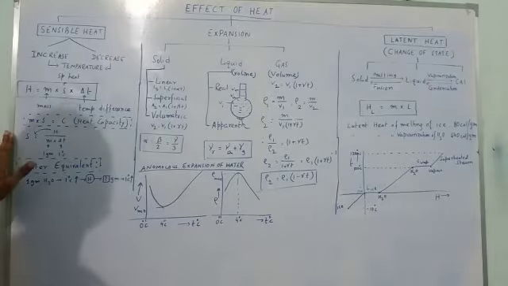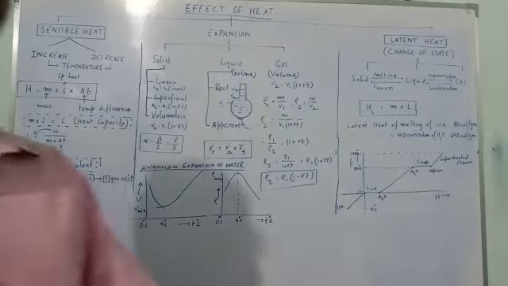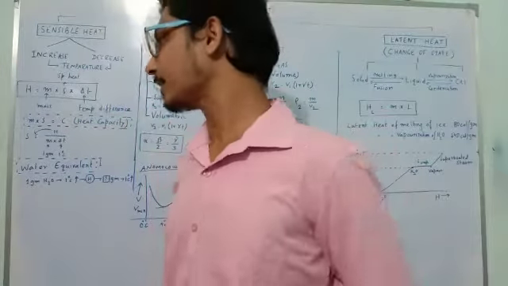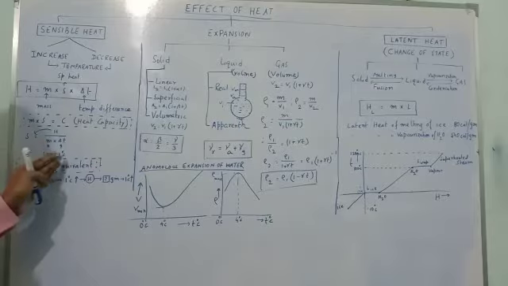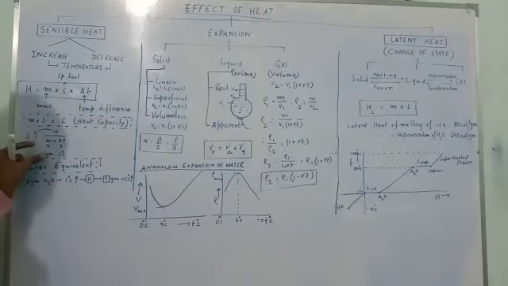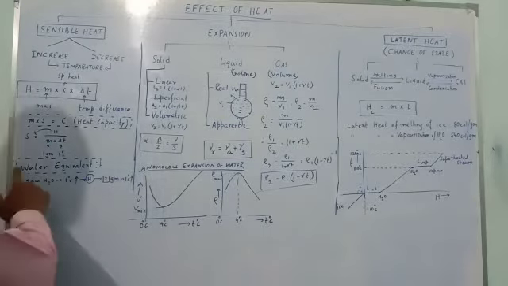So specific heat is the quantity of heat required to increase the temperature of 1 gram of an object by 1 degree Celsius.